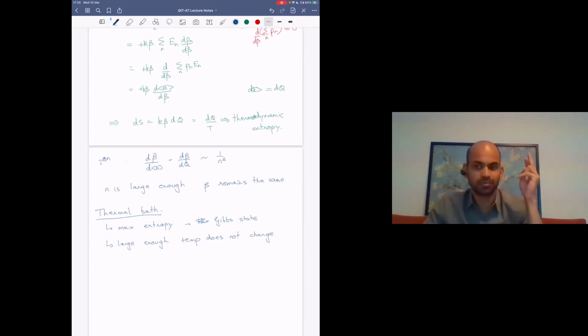So the two defining properties of a thermal bath in thermodynamics are, one, that information is always lost to thermal baths. You always exchange big parameters without any knowledge of the microscopic details. And the second is that it is large enough so as to not be affected by the change in parameters, in the sense that the temperature that defines the bath always remains the same.